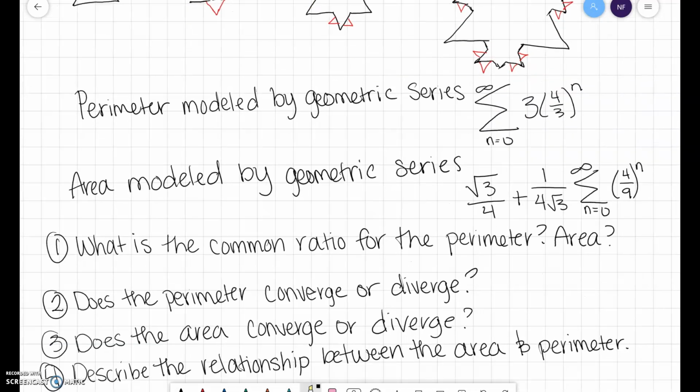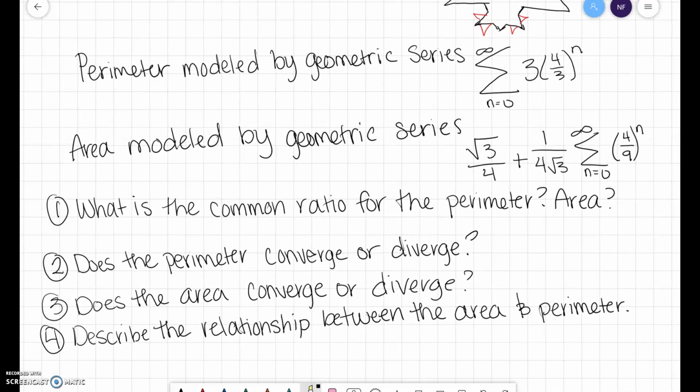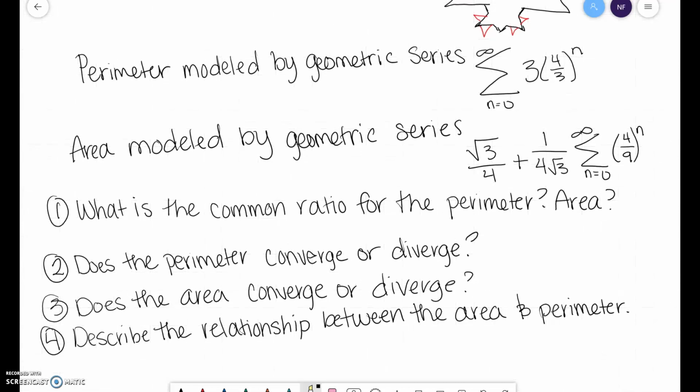And you're going to go ahead and just answer a series of questions based on using these 2 sigma notations for the area and the perimeter. So go ahead and pause the video, give those a try. Again, this is kind of like an activity, a challenge a little bit, the thinking, and apply it to something in the world. So pause it, try your very best, and then check your answers.